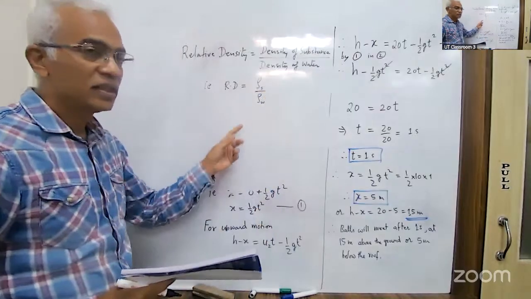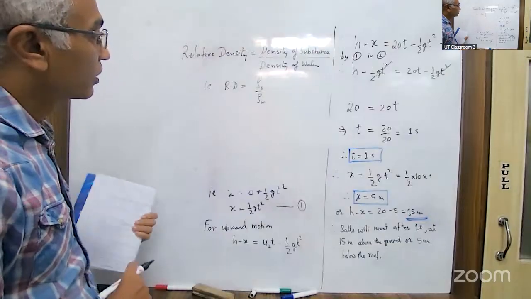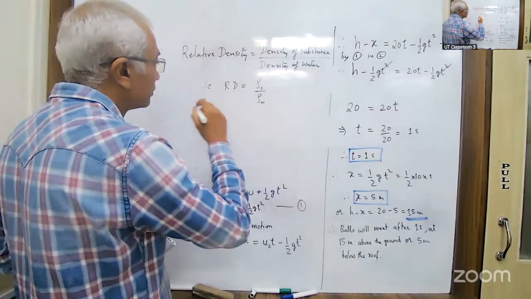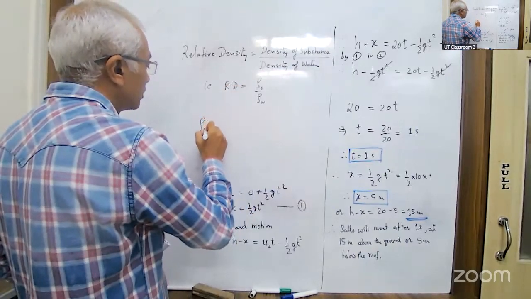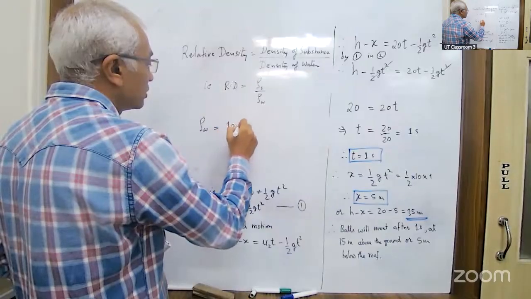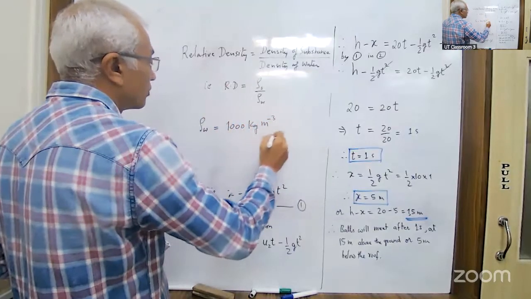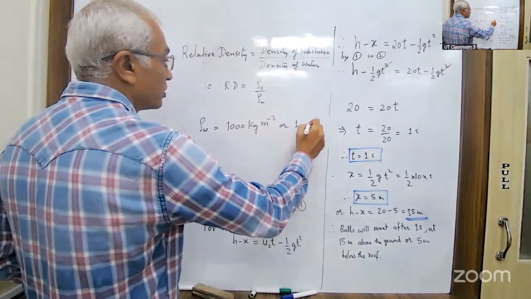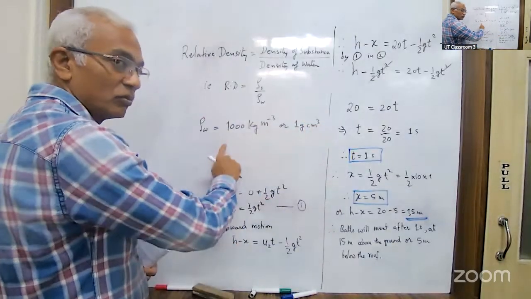The symbol for density is rho, R-H-O, rho. Okay. So now suppose I give the density of water. This is 1000 kg per meter cube, or 1 gram per centimeter cube. So it is easy to remember.